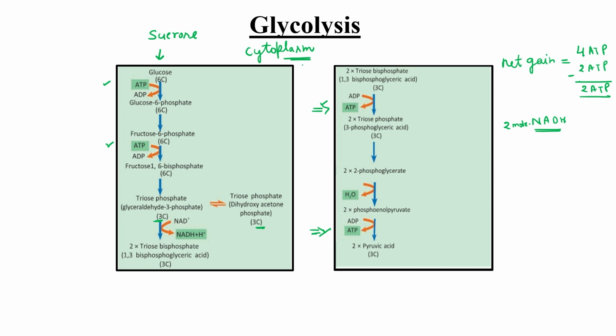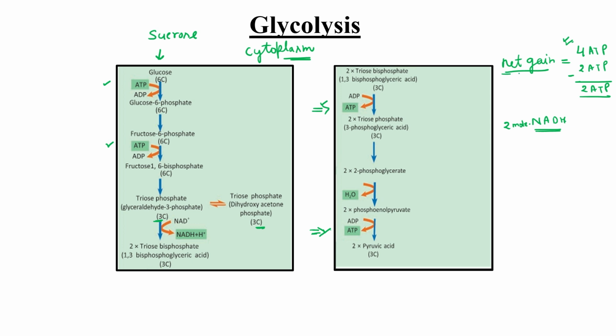Secondly, sucrose, a disaccharide, is first converted into its monosaccharide forms, glucose and fructose. During the whole process of glycolysis, in the initial steps 2 molecules of ATP are utilized, but in the last step 4 molecules of ATP are generated.